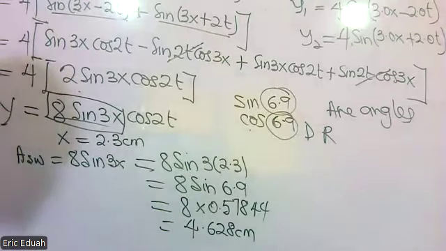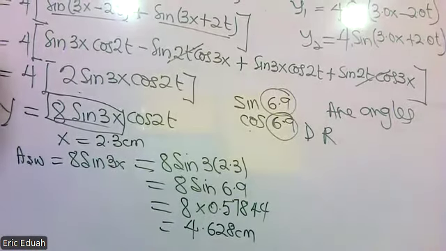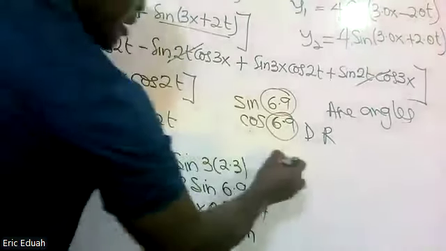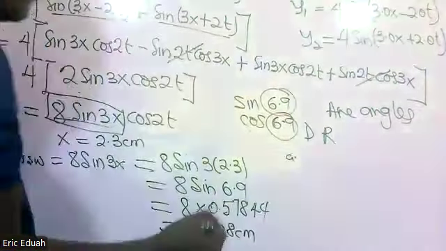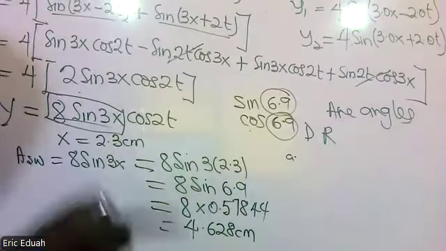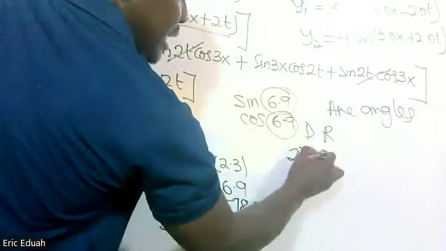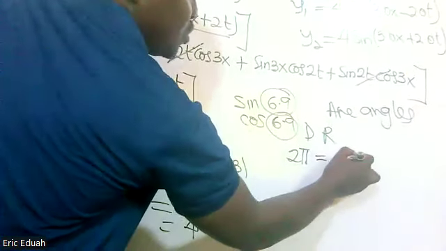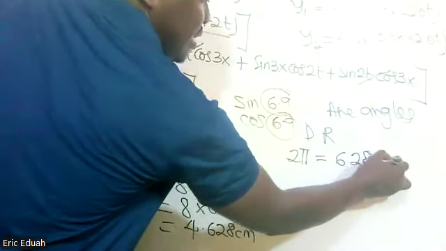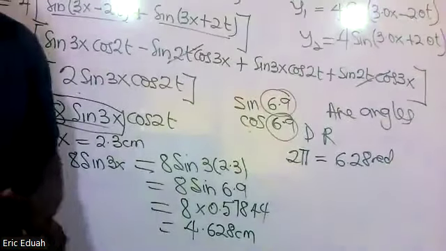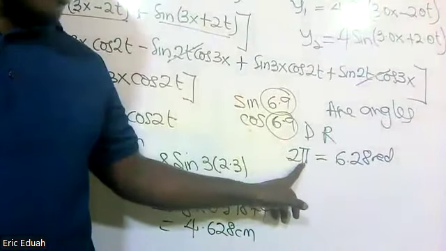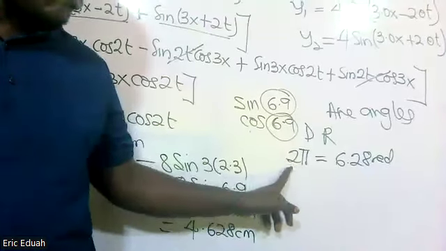There is also a plan B. The plan B is that I can also change angular measurement from radian to degree. So I know that 2 pi is equal to 6.28 radian. Just substitute pi and multiply by 2.